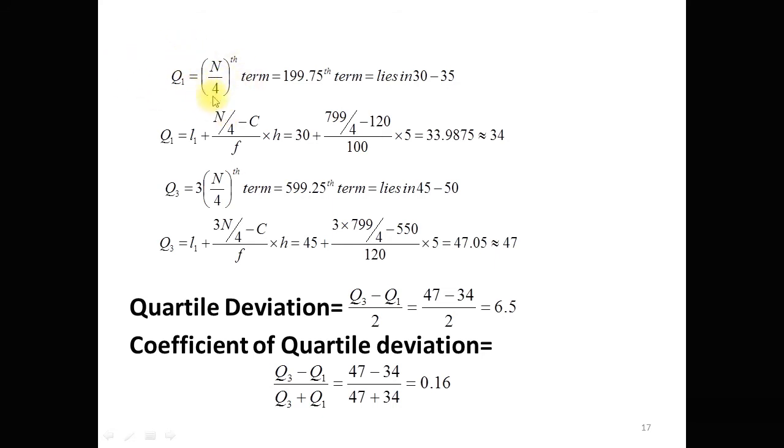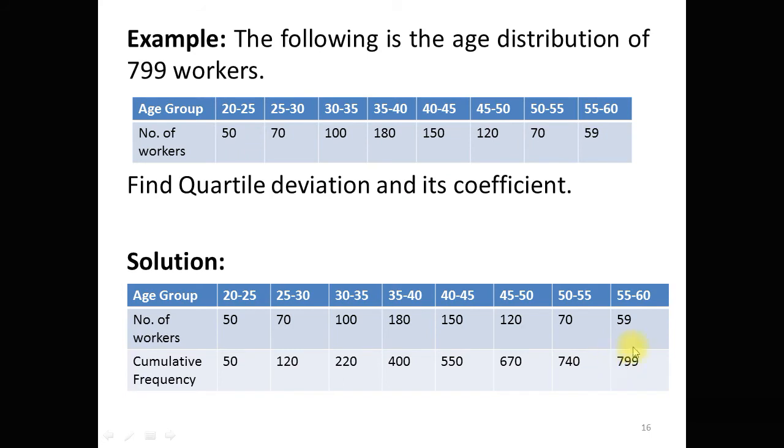Now for the first quartile in the form of grouped data, dear students, first of all find the position of the first quartile, n divided by 4. In grouped data, we know that the position of the first quartile will be n by 4, and the total number of workers in this given data is 799.